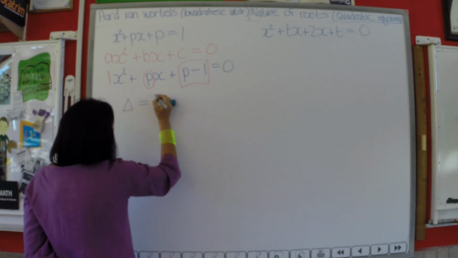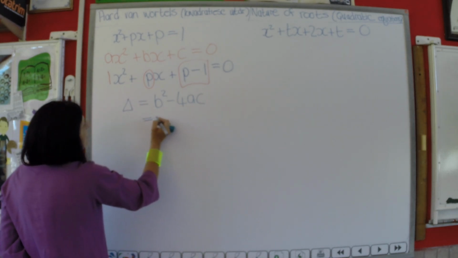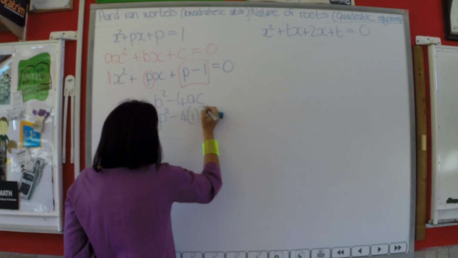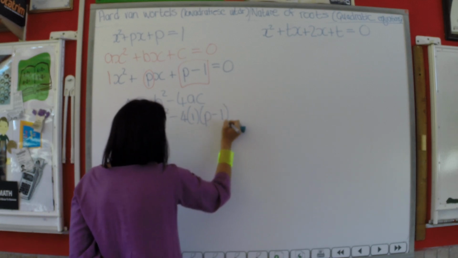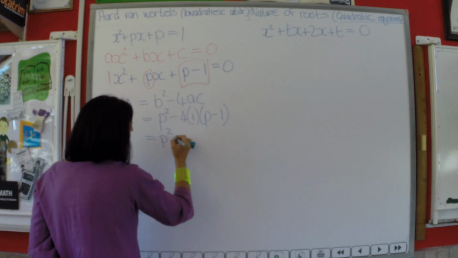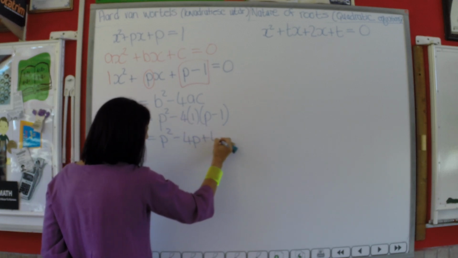So delta is b kwadraat minus 4ac. So b is p kwadraat nou, minus 4, a is 1 en c is p minus 1. So now I can multiply this thing out, and that's going to give me p squared minus 4p plus 4.